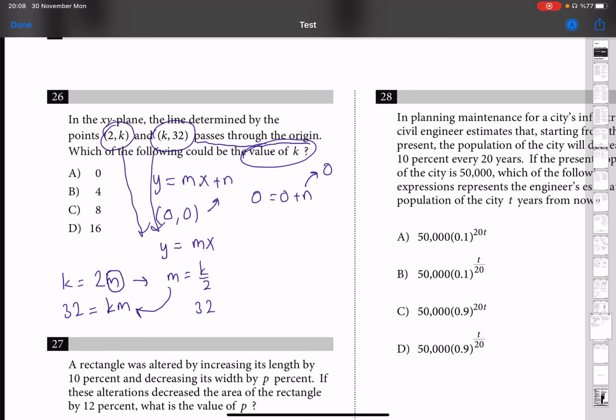It is 32 is equal to k times k over 2, so k squared is 64. So k is either 8 or minus 8. Let's check the choices. There is only positive 8, so the answer is C.